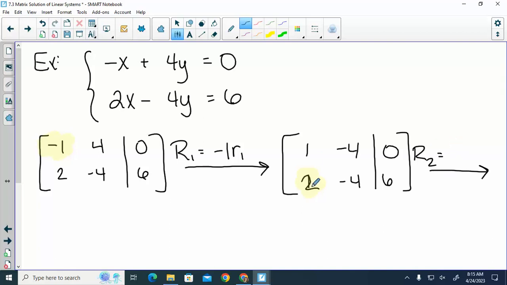You could multiply this row by a half and subtract the other one, or if you think about elimination, what would you do? If your equation was like x and then this was a 2x, what would you probably do? Take the first one times negative 2 and then add them together. So both options work. It is completely up to you. Which one do you guys want to do?